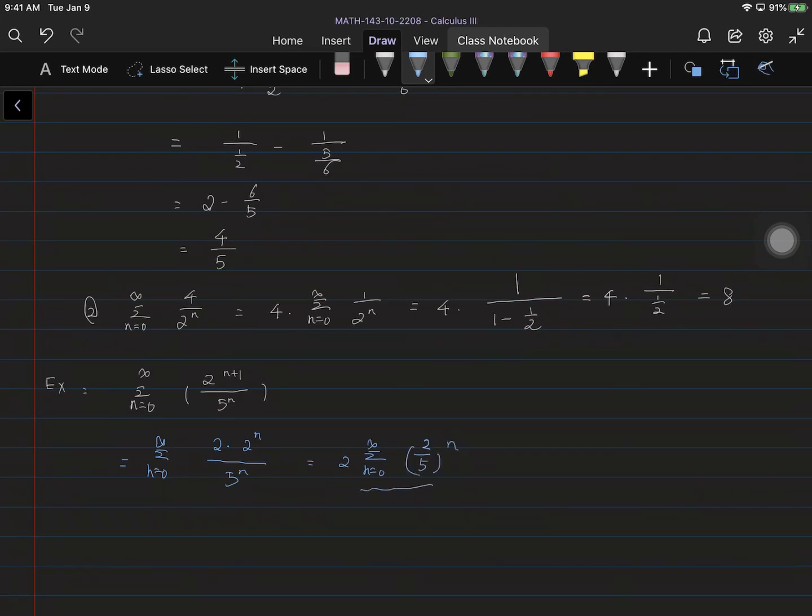Now we get a geometric series, and we know the sum. Let's see. The first term is, plug in n as 0, so it should be 1, and the ratio r should be 2/5, times 2. The final answer should be 10/3.